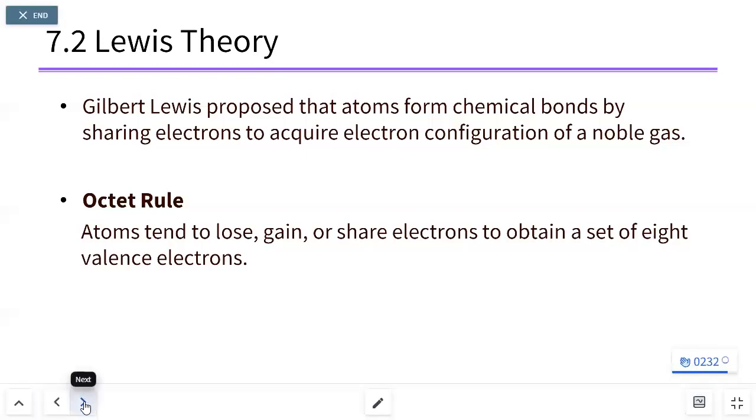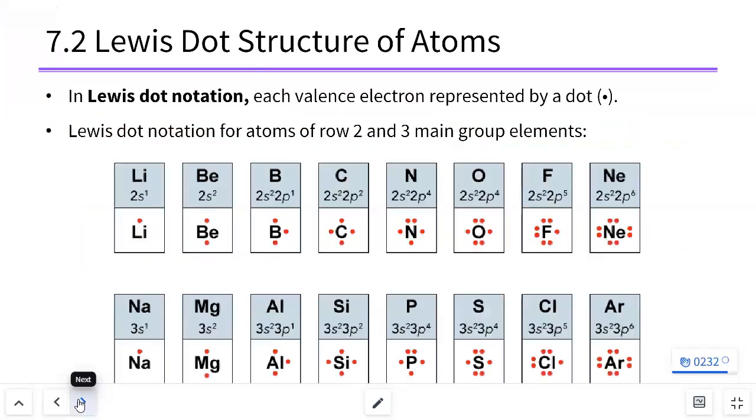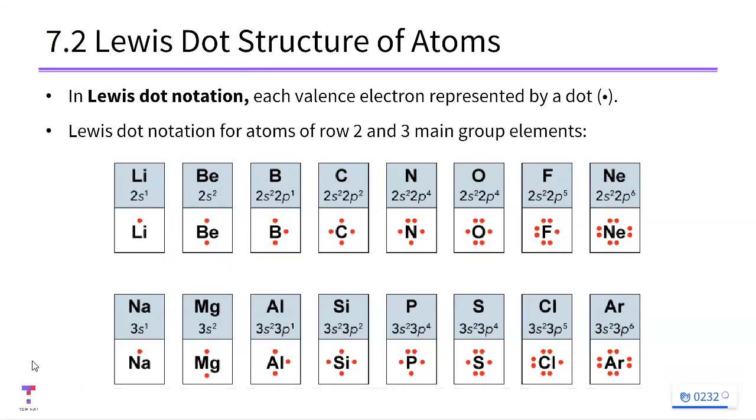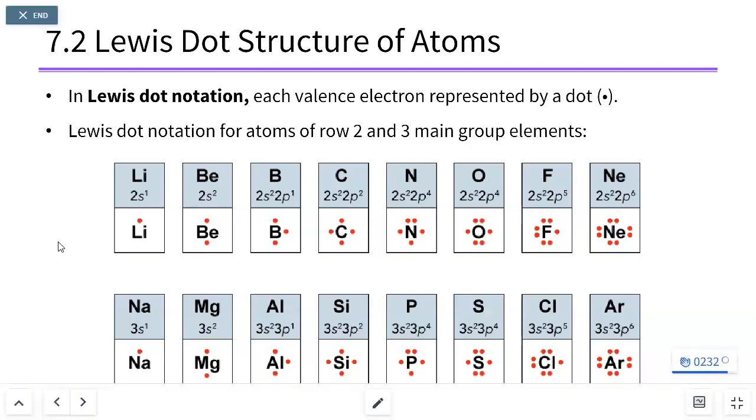Now, to help us get to that octet, we often use something called Lewis dot notation. Lewis dot notation is very easy to use. Basically, what we are doing is turning that electron configuration into a number of dots around the elemental symbol.